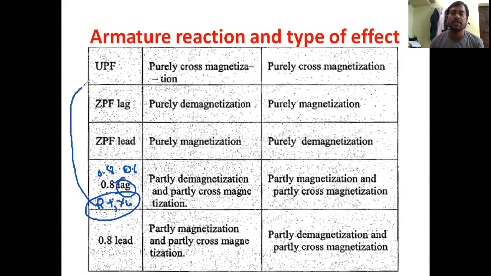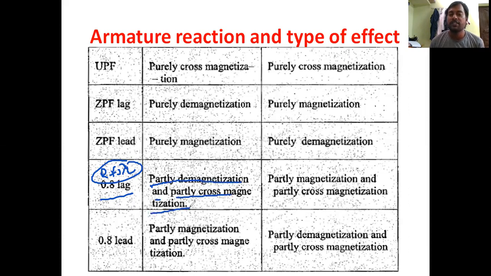Because of the resistance, a cross magnetization effect, not purely cross magnetization, just a cross magnetization effect. And because of the inductor load, a demagnetization effect. So because of this lagging power factor, R and jXL both will be present. That's why partially demagnetization and partially cross magnetization effects must both appear.